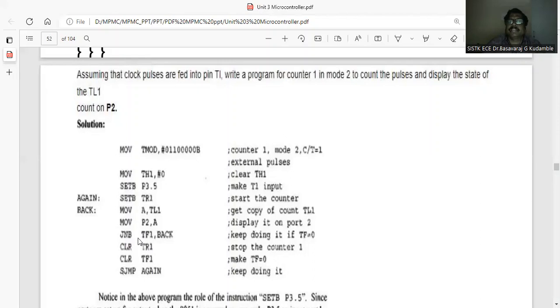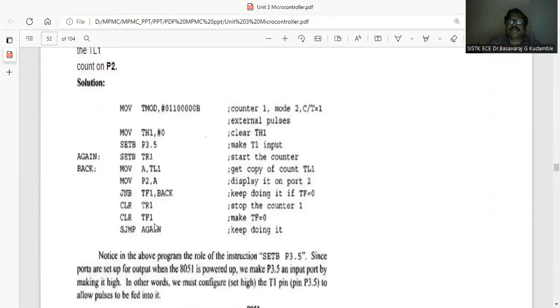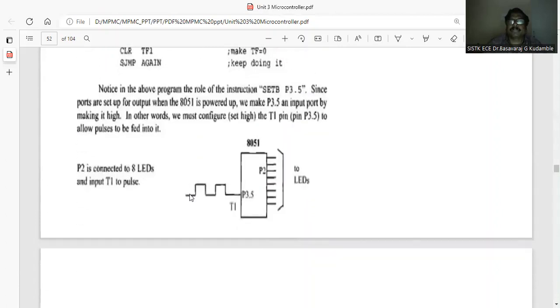Then jump if not TF, meaning it has not overflowed and has not reached the maximum value, it will go back and repeat. Once it overflows, it once again starts the counter operation from the start. This is how we are going to count. At P3.5, the number of input objects can be counted and displayed on the LED.